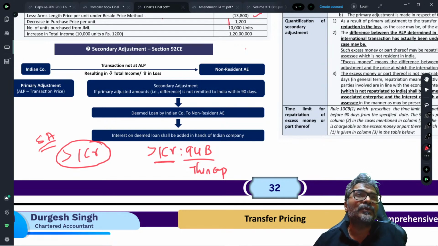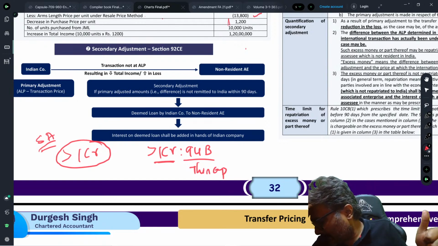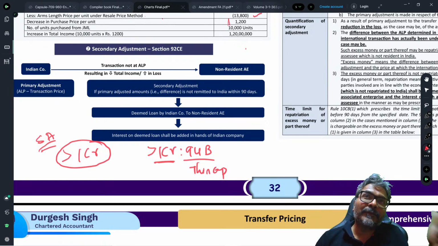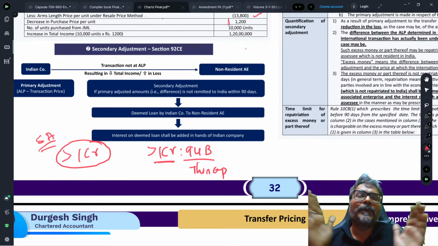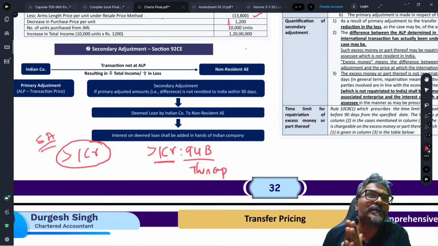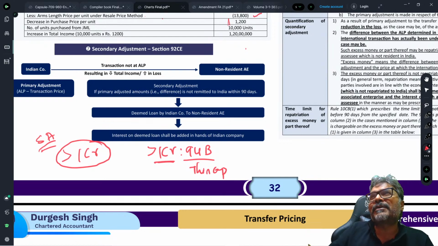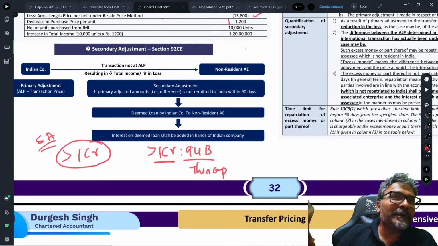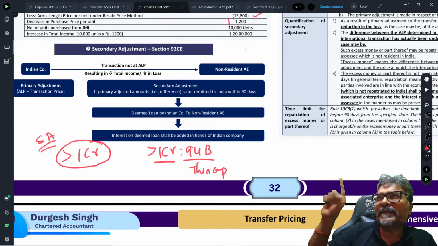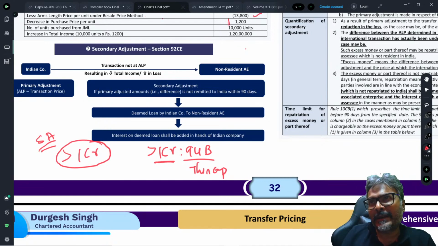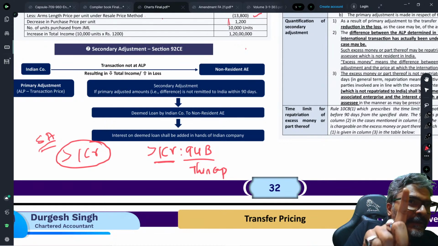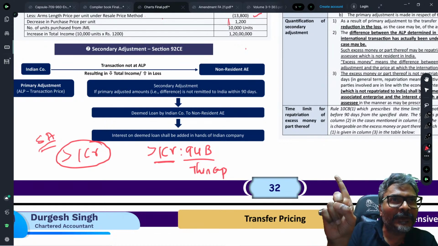The rate of interest, students, will depend upon whether the international transaction is denominated in INR or in foreign currency. If it is denominated in INR, then the SBI rate as on the first day of the previous year.